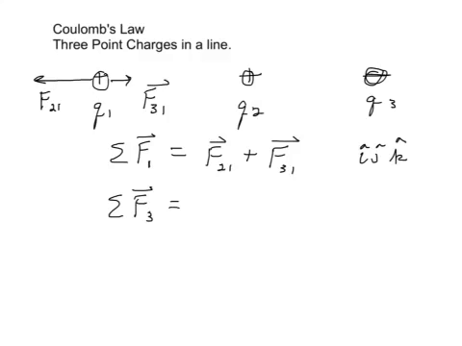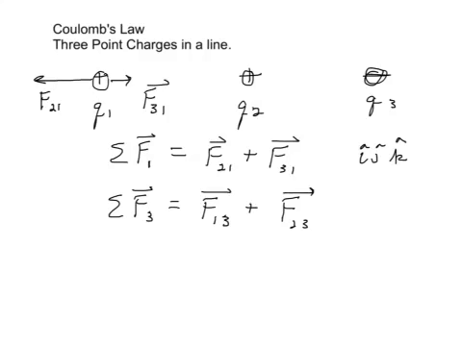It's going to be the sum of the vector force of 1 on 3 plus the vector force of 2 on 3. Notice the convention, the force we're looking at is always written second.